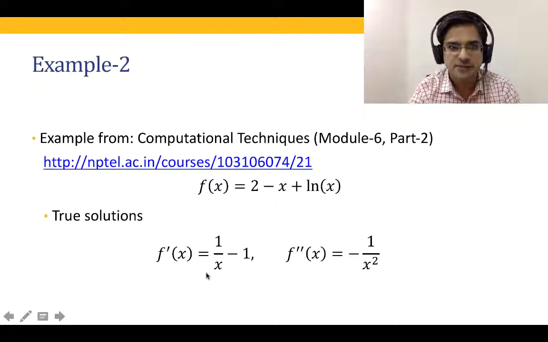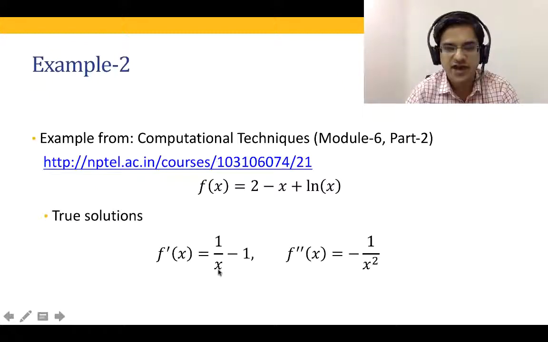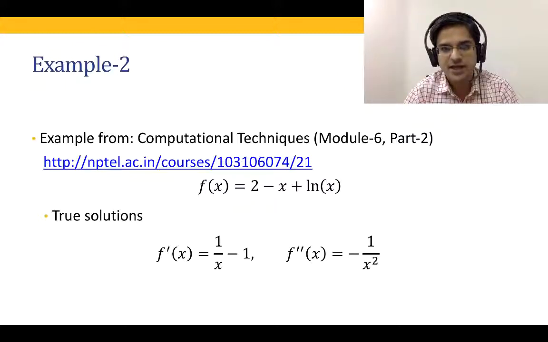Prior to this example, we looked at the example 2 minus x plus ln x and computed f dash of x as well as f double dash of x. For the central difference formula of f dash of x, the optimum value of h is epsilon to the power 1 by 3, whereas for the second derivative central difference formula, the optimal value of h is epsilon to the power 1 by 4. This is also something that you can verify as a practice problem.